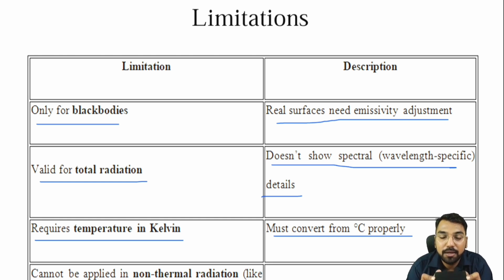The first basic thing is that any object above 0 Kelvin can emit radiation energy in the form of heat. That's why this law can't be applied for non-thermal radiation like lasers. It is applied only for thermal radiation.